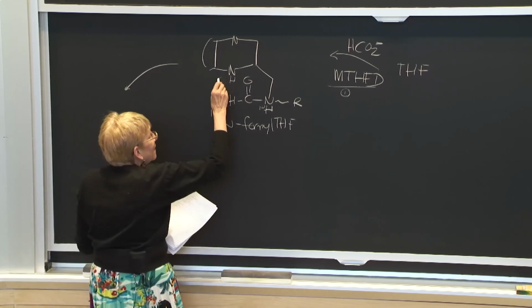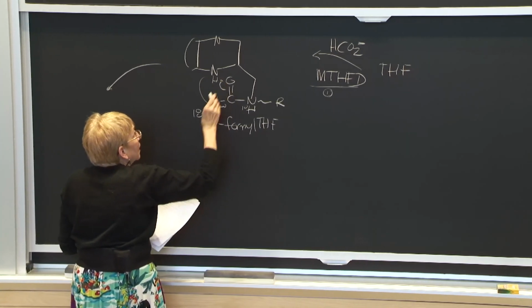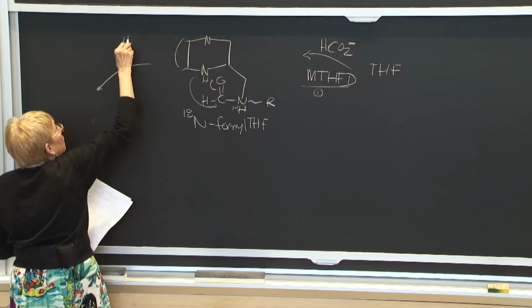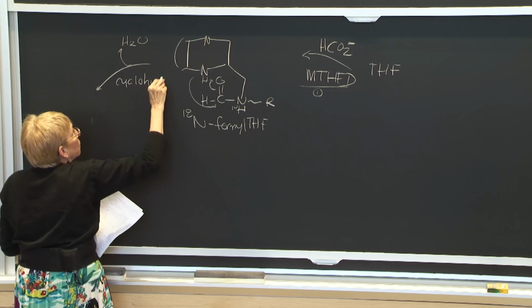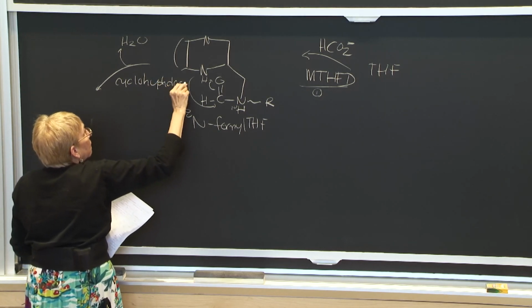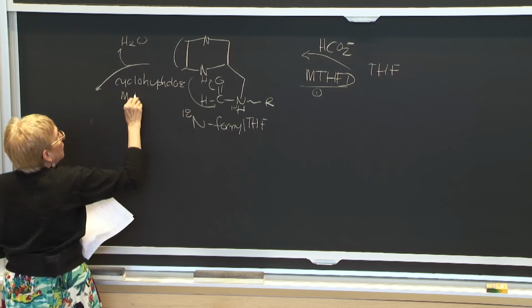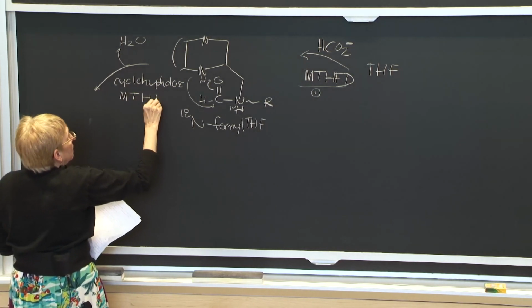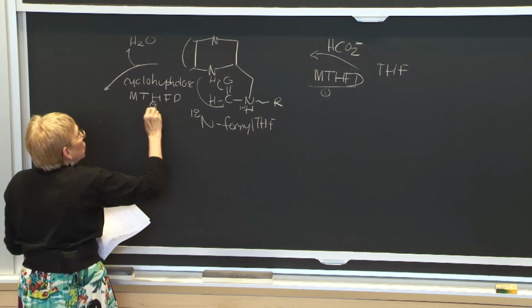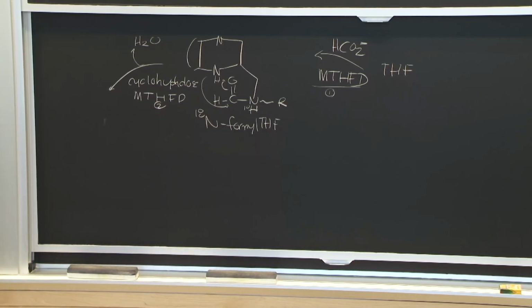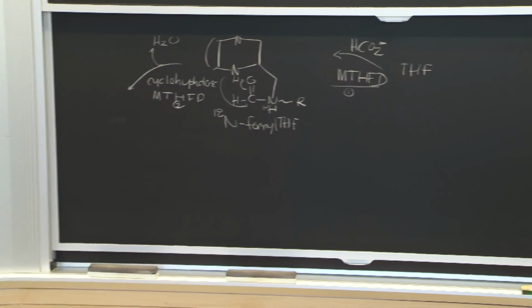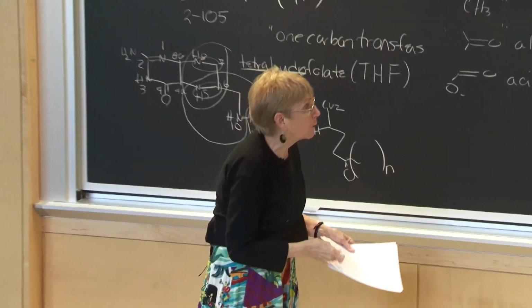So this guy is attacking, and then you have loss of water, and this is a cyclohydrolase. Okay, so this is the same enzyme. So this is 2, this is 1, but they're both on the same polypeptide. There are 3 of these on one polypeptide. You've seen that before in recitation last week.